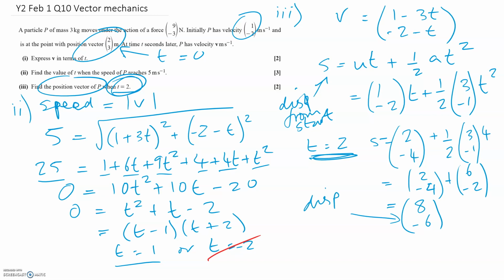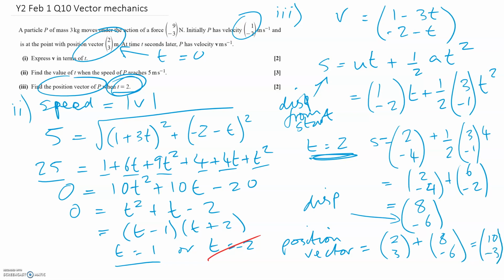So our new position vector can be found by adding these two vectors together, where we started from, which was 2, 3, plus the displacement we've got now, and that will give us 10 minus 3, which is our position vector of p after 2 seconds.